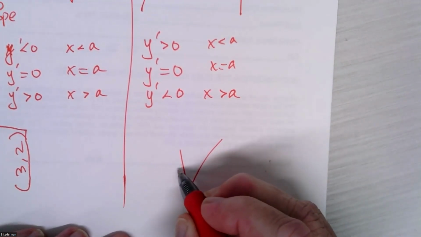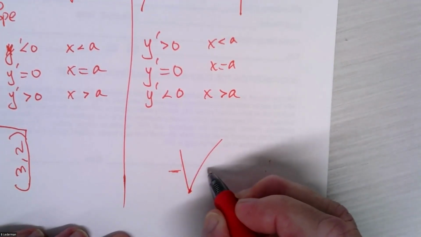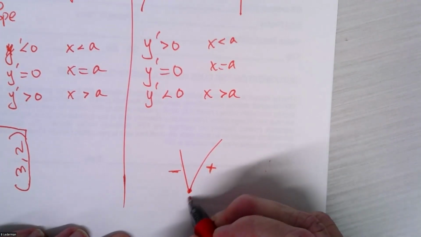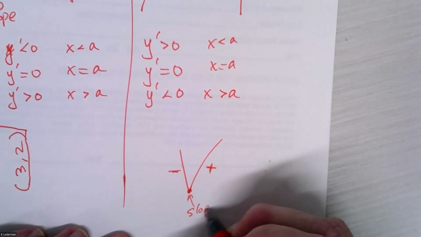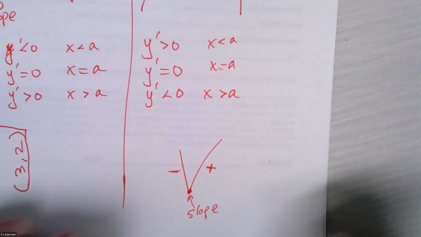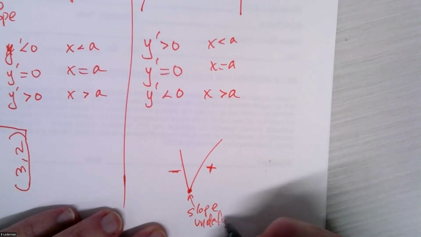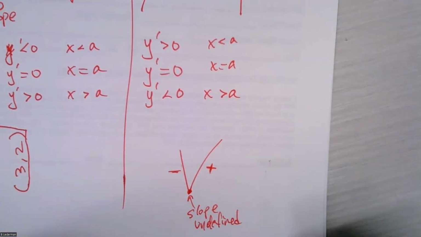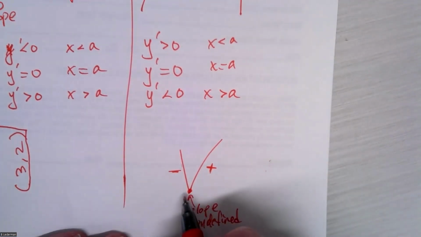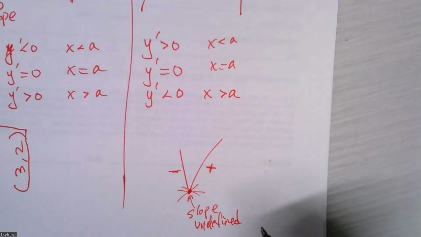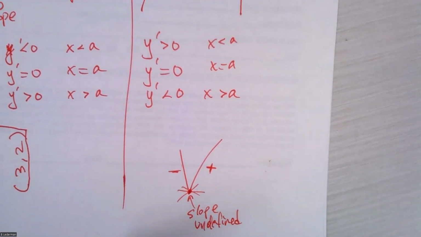The slope is negative on this side and positive on that side, and the slope over here is undefined. What's the tangent? Is that the tangent? Is that the tangent? It's an undefined slope.